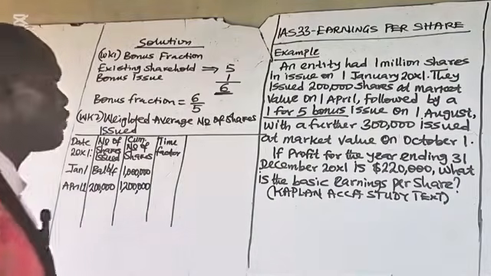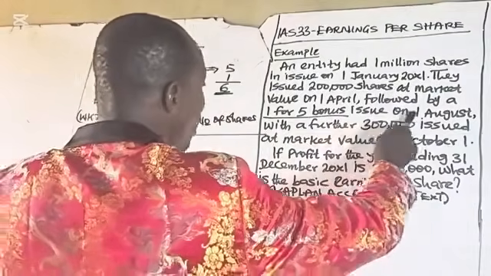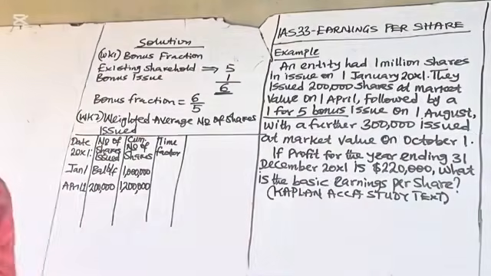Then after the 1st of April, followed by a 1-for-5 bonus issue on August 1st.